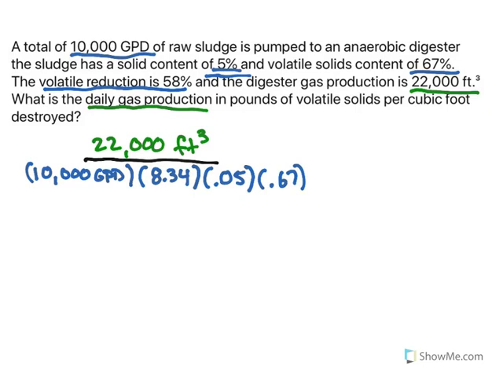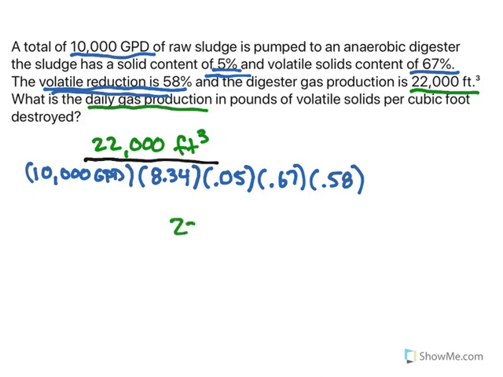So now we've determined how many pounds of volatile solids material have been pumped to the digester, and then last we've destroyed 58% of those volatile pounds as given by our volatile reduction. So we're going to multiply all of that together.